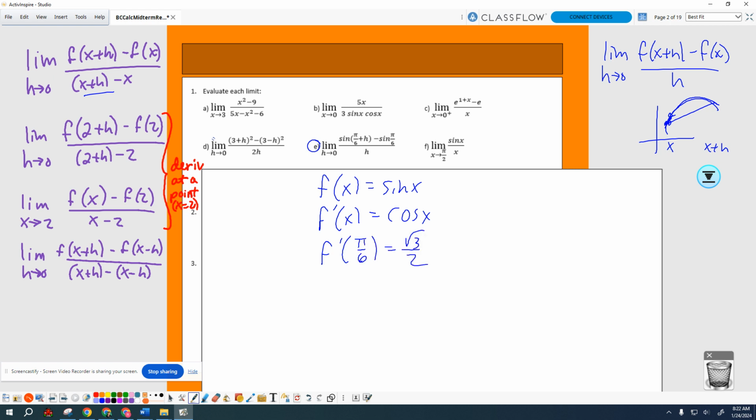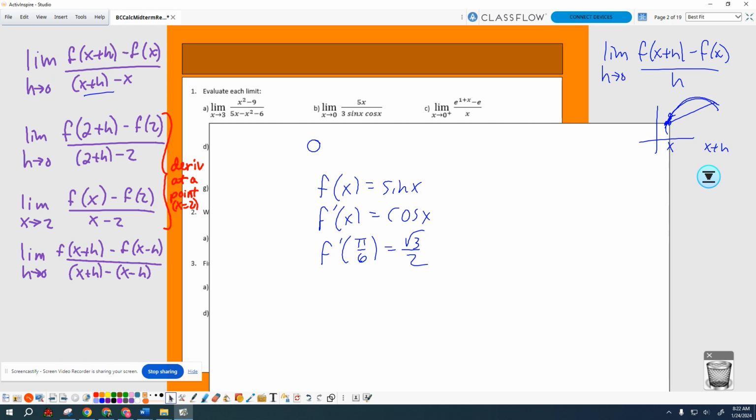That's how they're asking you to do these. They want you to recognize that, and they're usually multiple choice, so they're not gonna care about seeing your work. For 1C, how do you recognize the function? It's really hard.